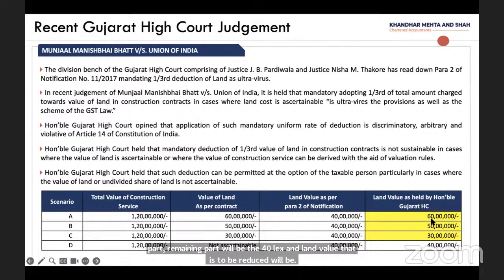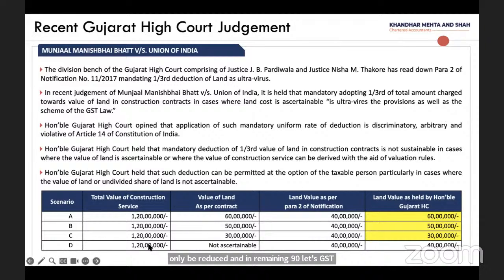So out of 1 crore 20 lakhs, only 60 lakhs can be taxed. If you look at scenario C, 1 crore 20 lakhs, the value of land is 30 lakhs, and only that amount can be reduced, and on the remaining 90 lakhs GST can be charged.